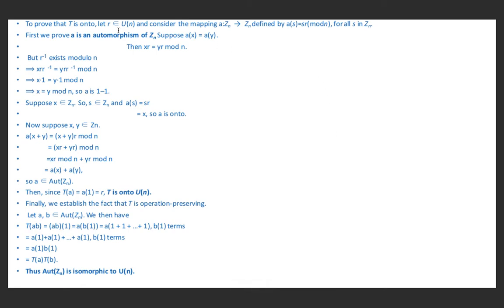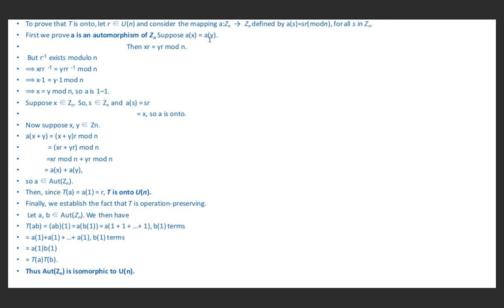Now we will prove that T is onto. Let r belong to Un and consider the mapping A from Zn to Zn defined by A(s) equal to sr mod n for all s in Zn. First of all, we prove that A is an automorphism of Zn.